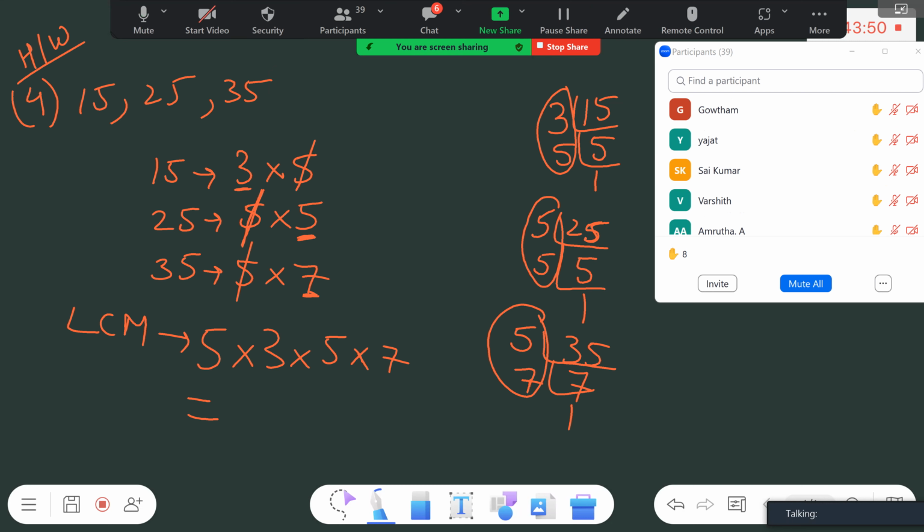So this will be our LCM: 5 into 3 into 5 into 7. What will be the answer? Answer will be 525. Okay? You have a doubt from this? Question? Which number? Number 10.